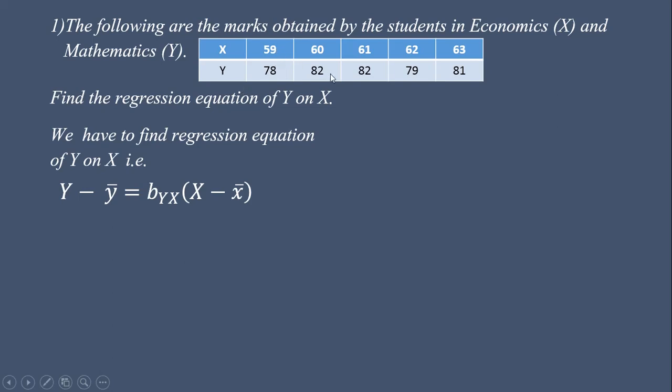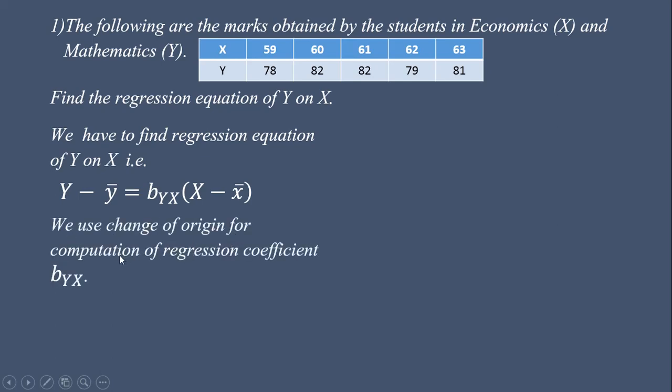So here the values are comparatively large, so we use change of origin to make calculations easy. We use change of origin for computation of regression coefficient byx. For that, we consider new variables ui equal to xi minus 61, and vi equal to yi minus 81.